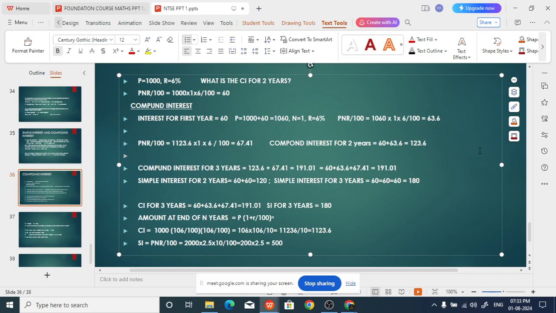Okay, this you should keep in your mind. Even for 2 years, the total simple interest is 60 plus 60, 120, whereas the compound interest is 60 plus 63.6, 123.6. This you should keep in your mind because this will be useful for many other calculations.